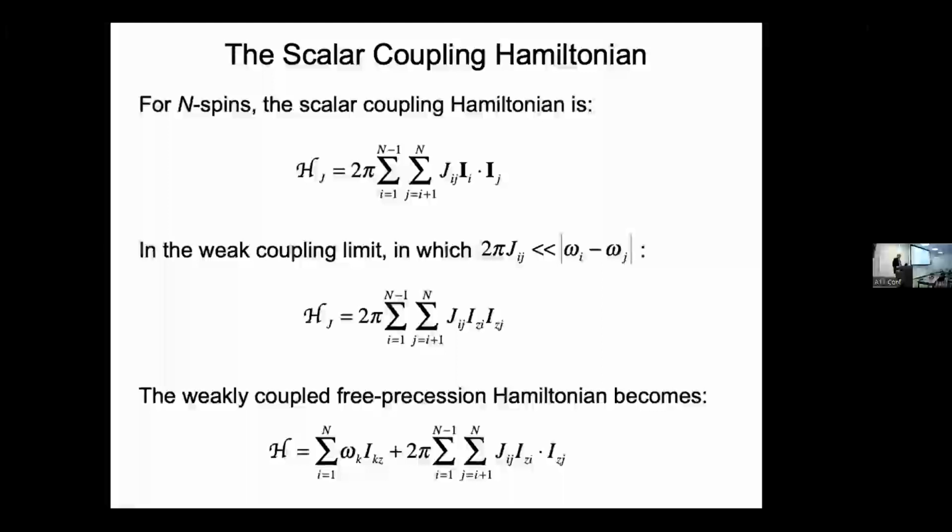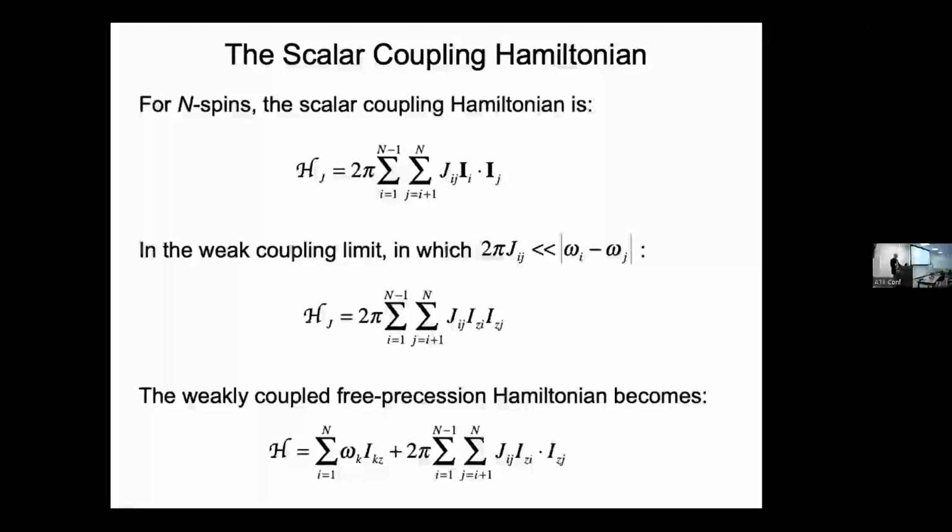The difference between the amide hydrogens and the alpha hydrogens in a protein is of order 3 or 4 parts per million. So on a 500 megahertz spectrometer, that's over a kilohertz. So 12 Hertz is certainly way less than a kilohertz. So in that case, one is in what's called the weak coupling limit. And in that case, we can ignore the parts of the Hamiltonian that don't commute with the B naught field. And formally, I think this is called truncation.